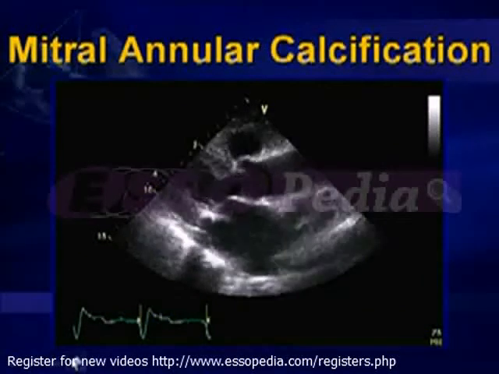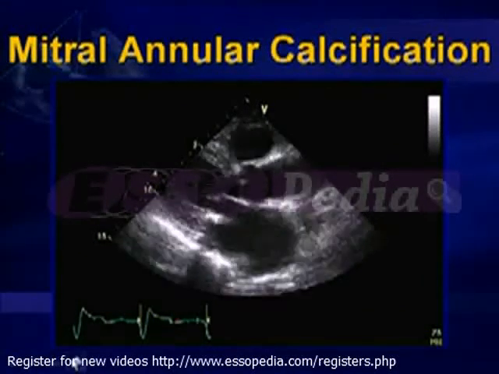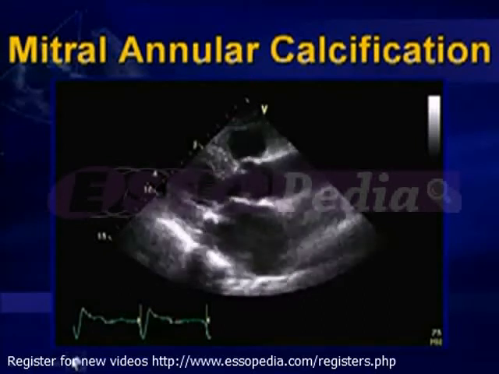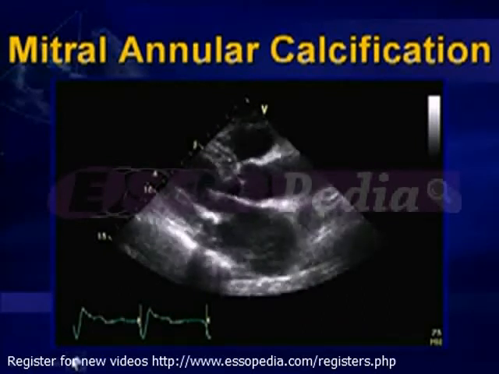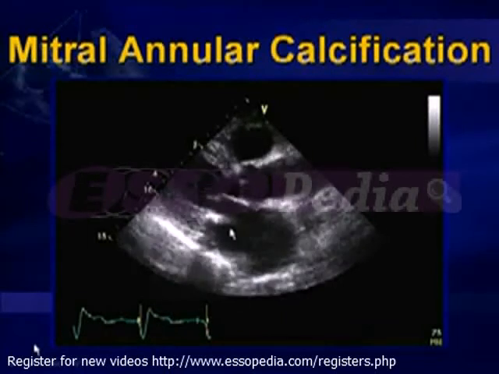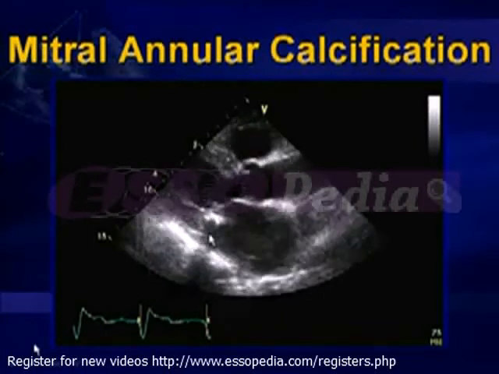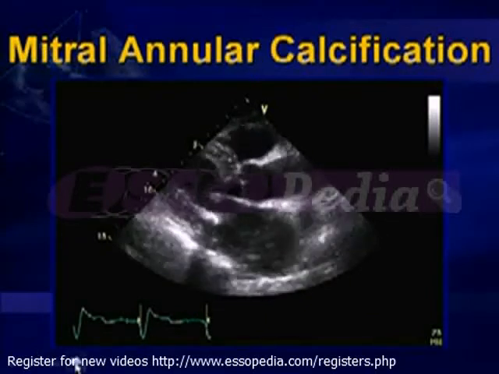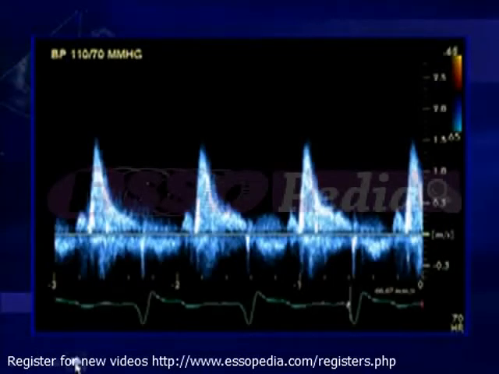If we look at this echo, acquired from a 68-year-old gentleman, you note that although the LV ejection fraction is normal, the LA is severely dilated and there's significant annular calcification. When interpreting his mitral inflow velocity profile, we know clearly that the E wave velocity is significantly increased.